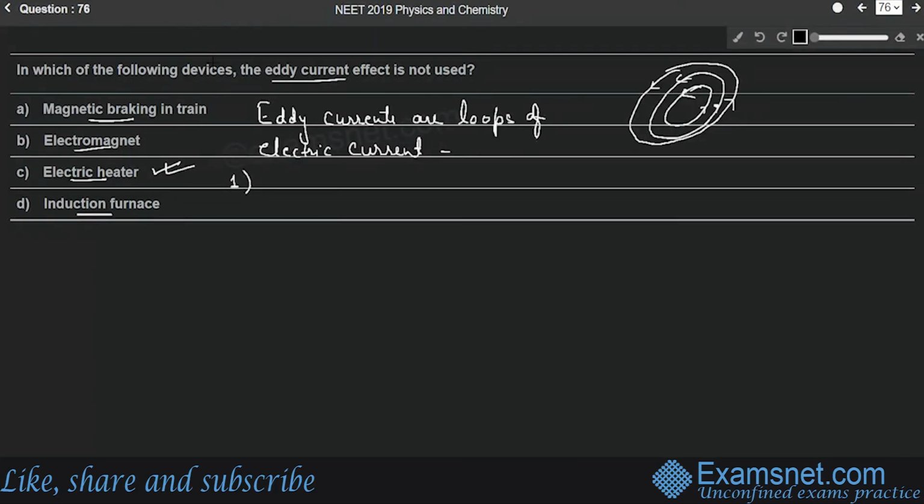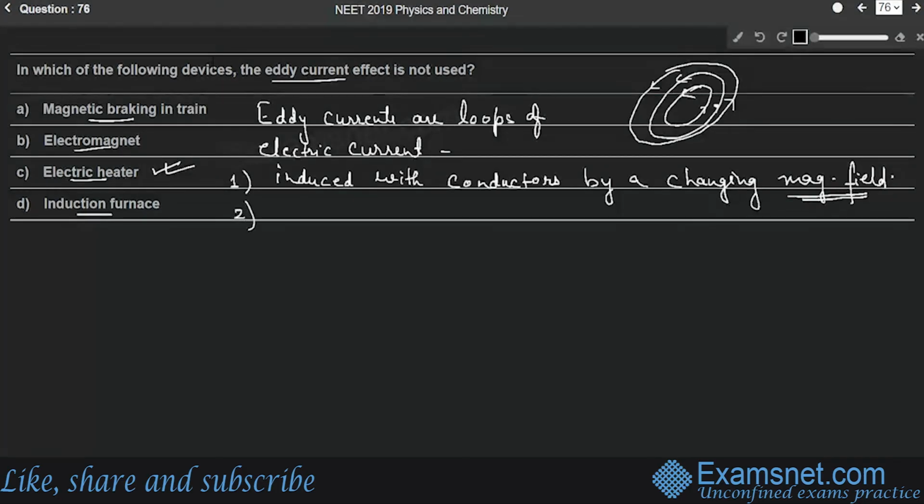These can be induced or produced within conductors by a changing magnetic field. That means if the magnetic field is changing within a conductor, then it can cause eddy currents.